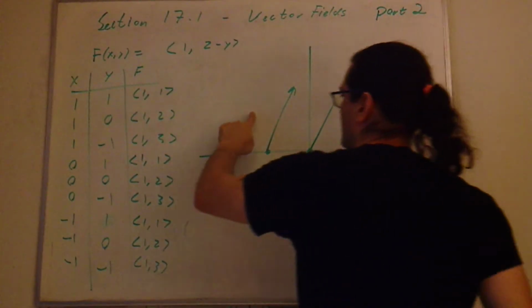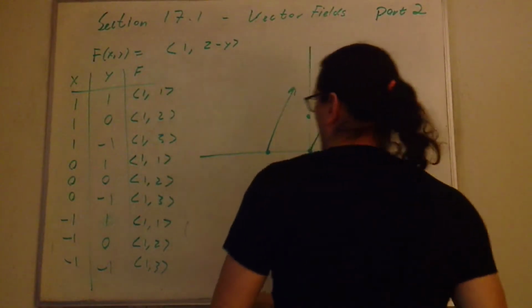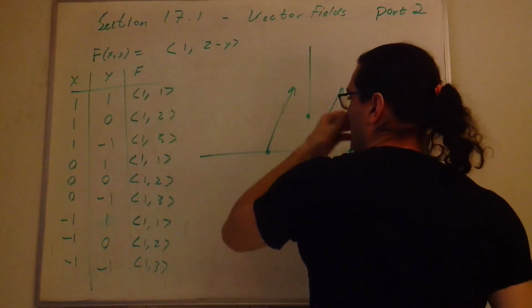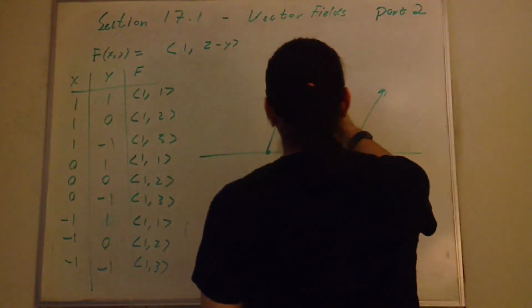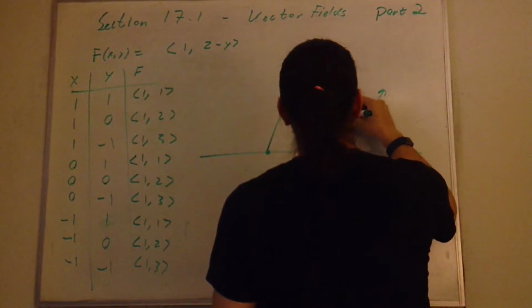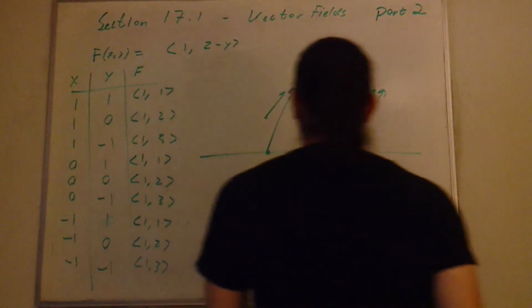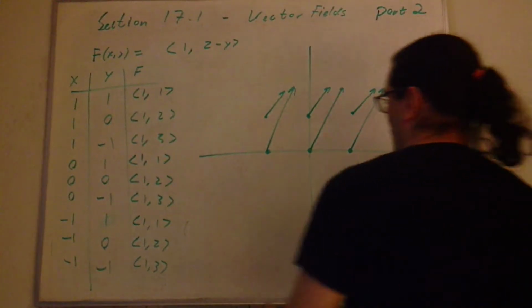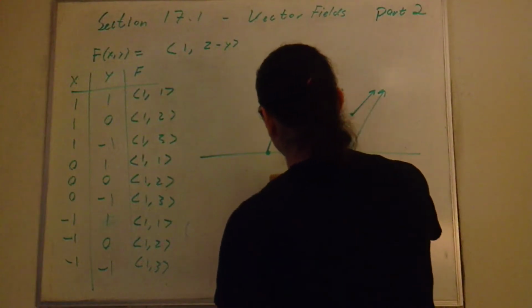Let's look at what's happening above. When y equals 1, so that's this point, and this point, I'm getting things like this. When y equals negative 1, at these 3 points, I'm getting things that are very tall.